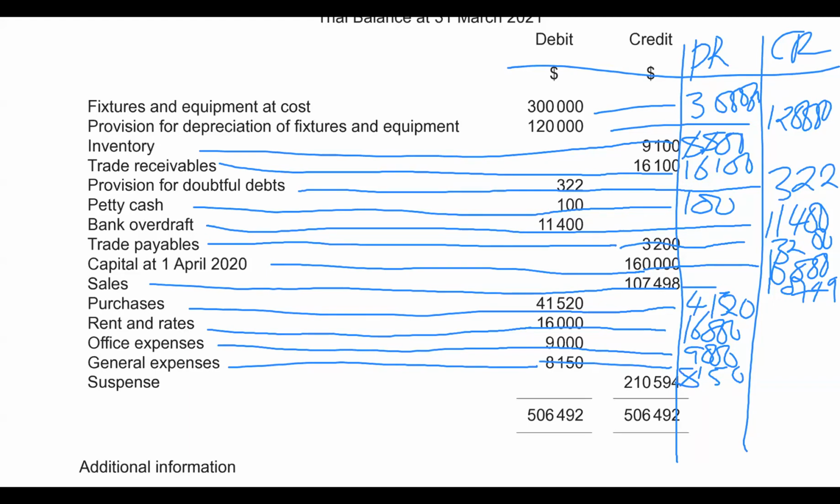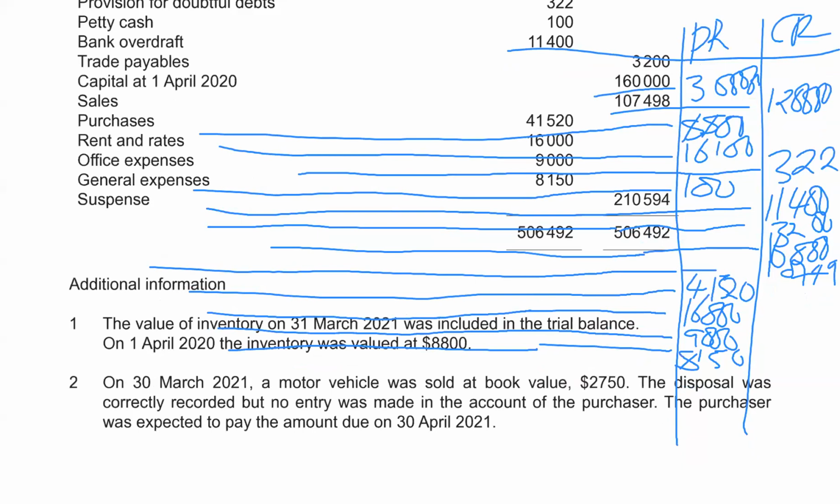Okay. Then which other entry is remaining? Remember, there was additional information. Let me show you the additional information number 2. On 3rd March 2021, a motor vehicle was sold at book value, $2,750.